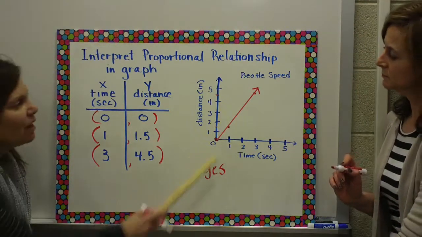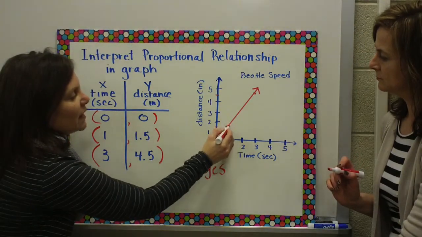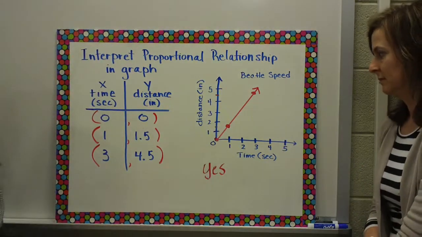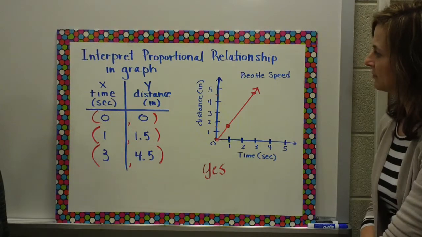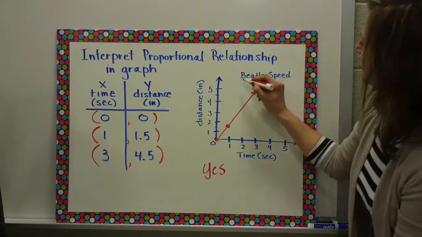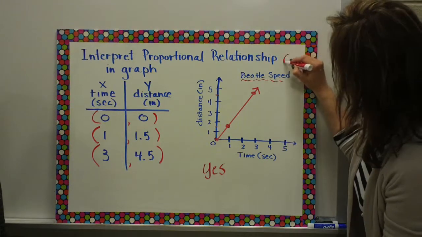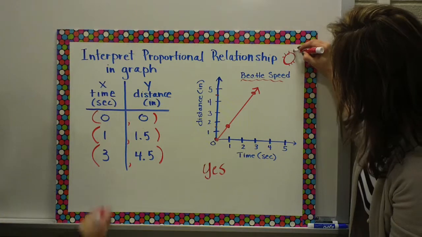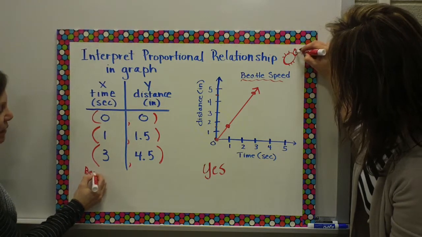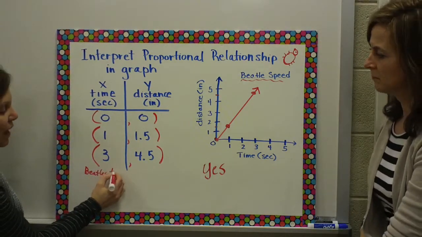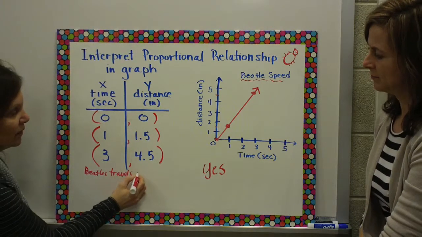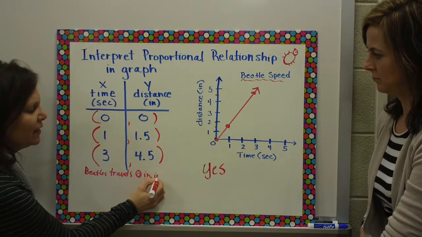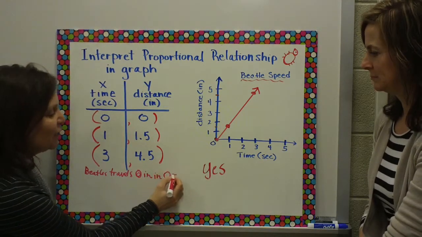Now, what do all of these points on here mean? If I take a point on here and I say, what does that mean, 0, 0? On the top, the graph is labeled beetle speed. So it's telling us how fast this beetle is traveling. If I look at 0, 0, what does that mean? It means that the beetle travels 0 inches in 0 seconds.